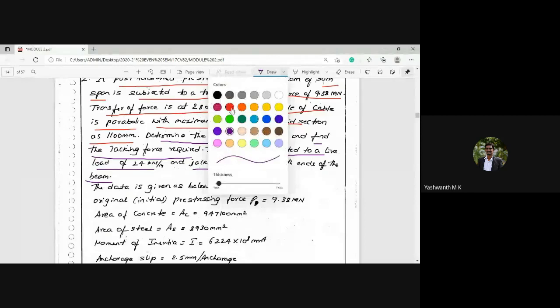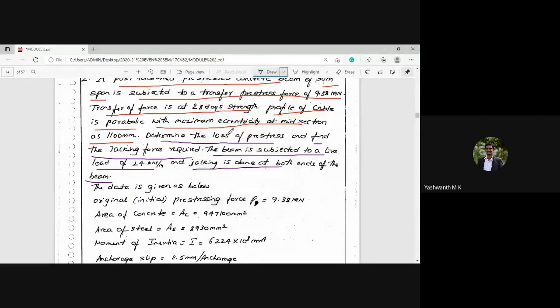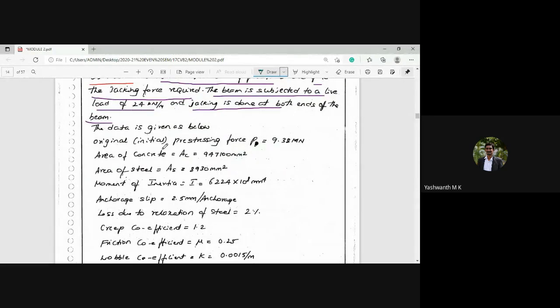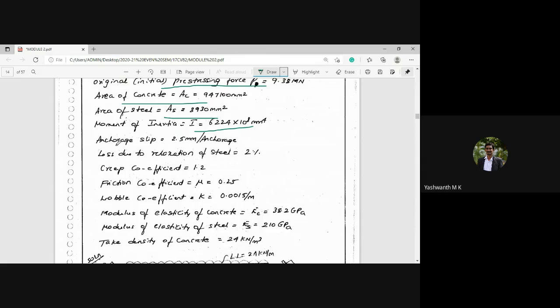Now one more thing you need to observe here is what all the data are. The initial pre-stressing force is one thing. Area of concrete is given directly, that is 9,47,100 millimeter square. Area of steel is given directly. Moment of inertia is given directly. Anchorage slip is 2.5 mm per anchorage, that means at each anchor end.